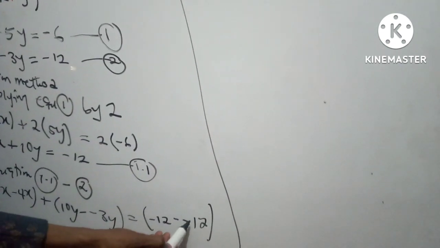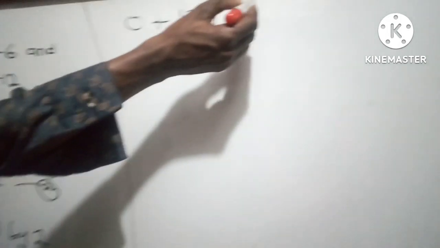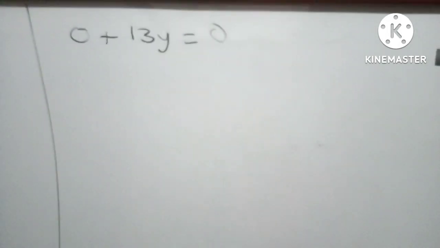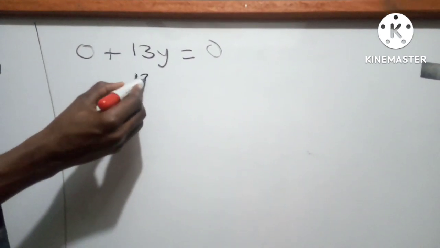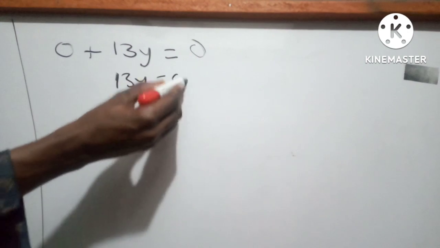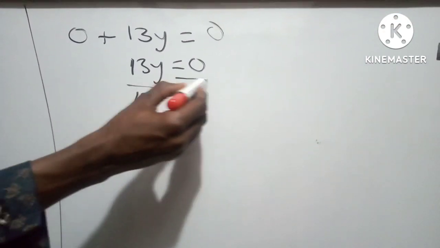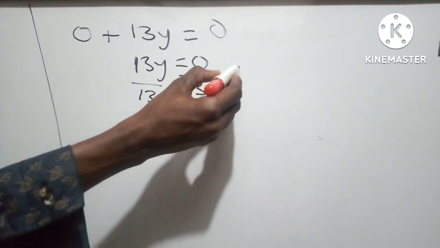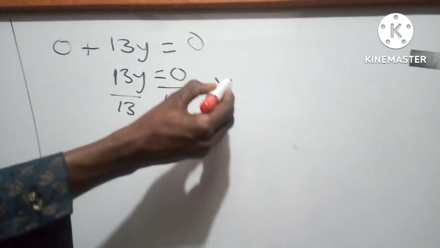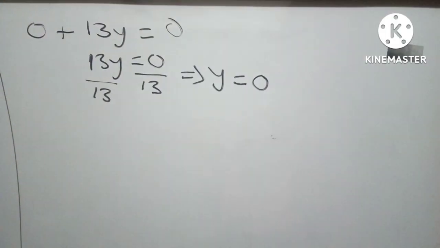This minus will turn to positive, so it means minus 12 plus 12, which will give us 0. Right? So here we'll have 13y is equal to 0. We need the value of y, so we divide both sides by 13. And this will imply that y will be equal to 0 over 13, which is 0.